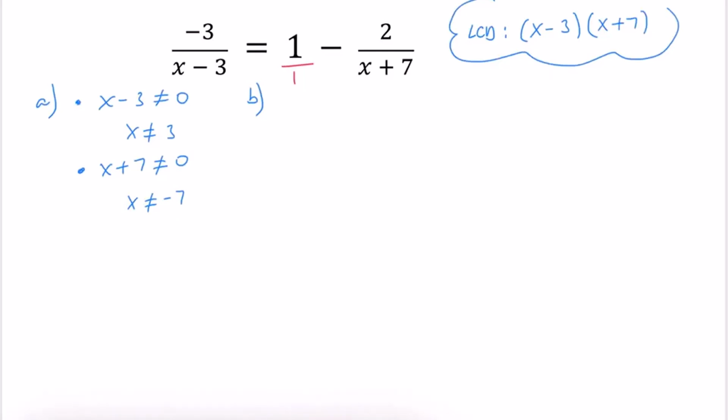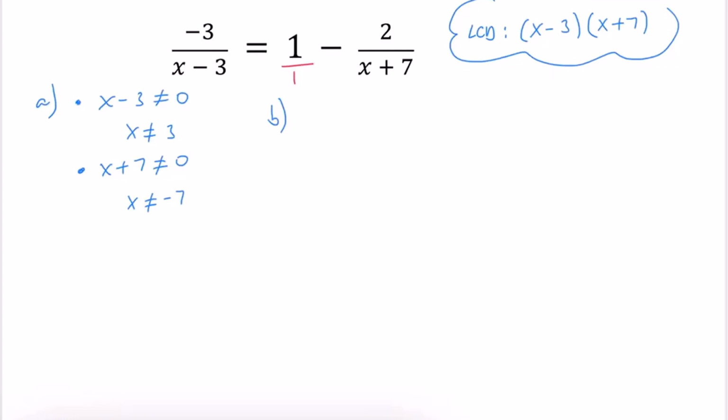So let's look at the first fraction here. The first fraction, negative 3 over x minus 3, we need to multiply it with the least common denominator, x minus 3 times x plus 7.